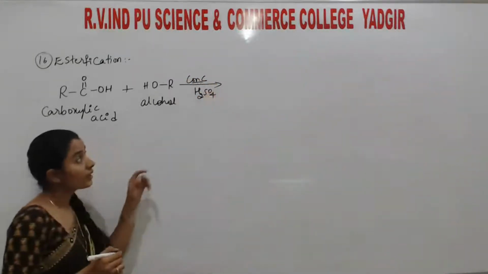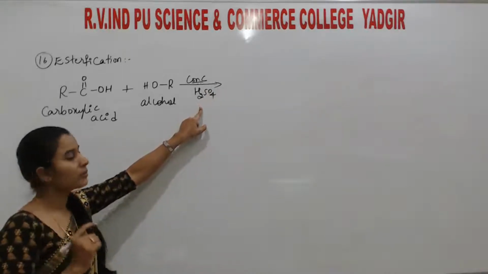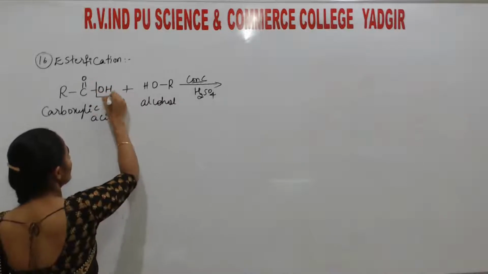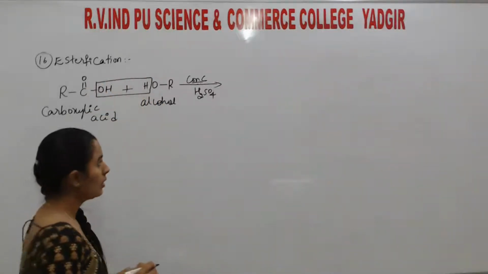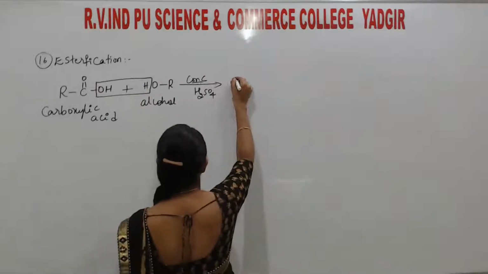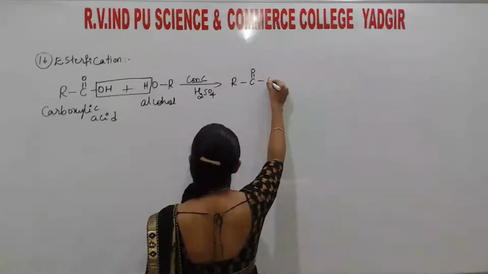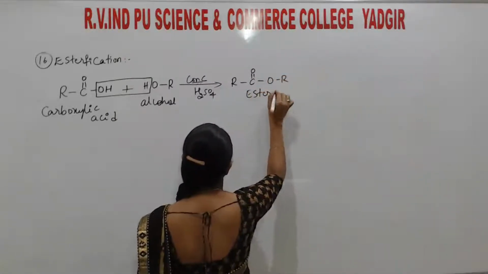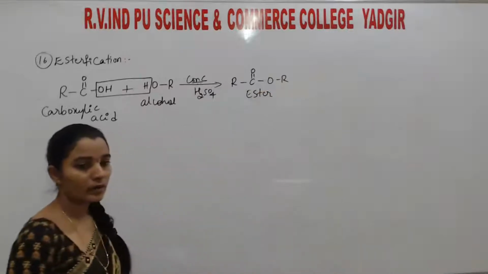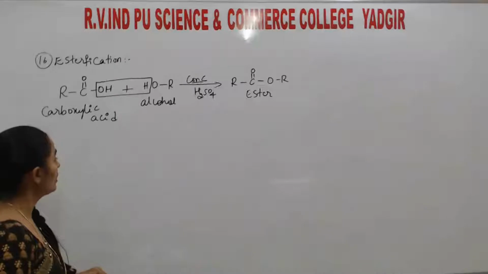Wherever we use concentrated H2SO4, the thing we need to remember is elimination of water. Then here is R, C double bond O, R. This is an ester. The water molecule is removed, and the ester will form.